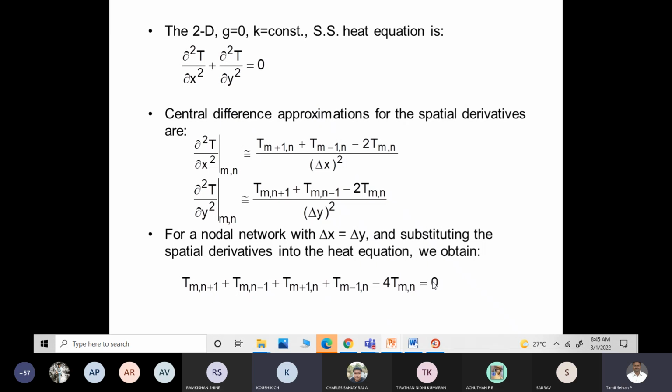Right? So this is the general equation, the formula to find t(m, n): t(m, n) is equal to t(m, n+1) plus t(m, n-1) plus t(m+1, n) plus t(m-1, n), divided by 4.